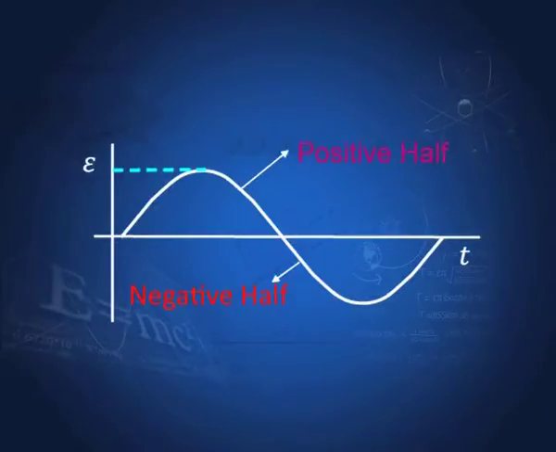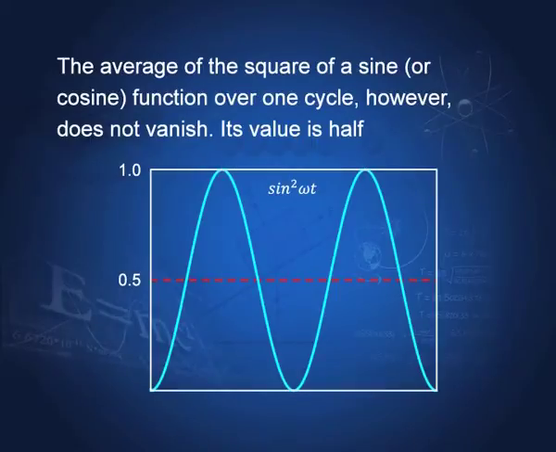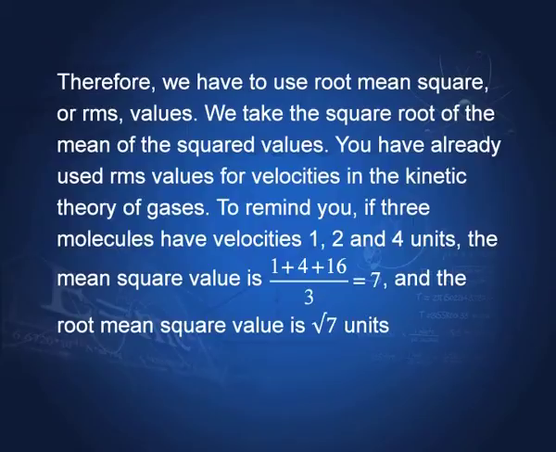This means that we have to deal not with the current or the voltage varying like this, but with the square, and then the root of the square. That means we have to deal with root mean square quantities. Instead of I, which varies as sin omega t, we shall use the RMS value, which is the maximum value I m divided by root 2, and similarly for the voltage.